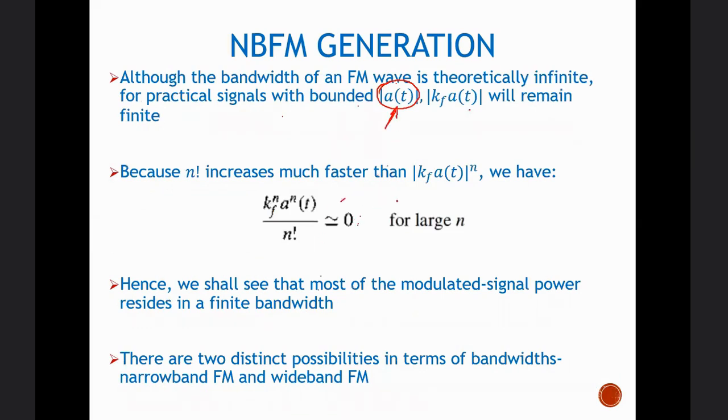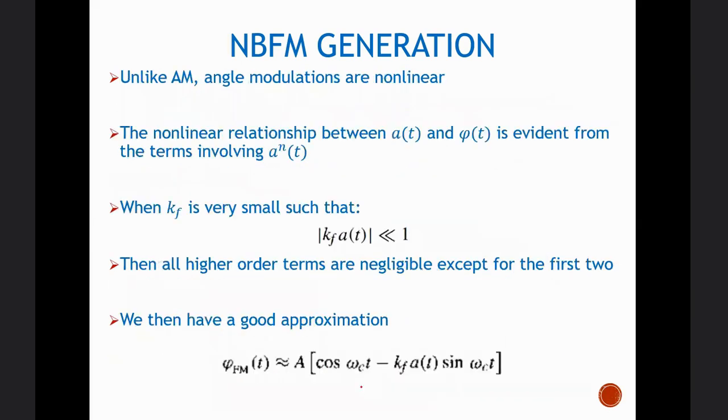So in that expression, the terms that have k_f a(t) raised to power n decrease at a very quick rate, because in the denominator we have n factorial as well. So we can ignore the higher order terms. We shall see that most of the modulated signal power resides in a finite bandwidth. So there are two distinct possibilities in terms of bandwidths. From this discussion, we see we can have two types of FM signals: one is the narrowband FM and the other is the wideband FM.